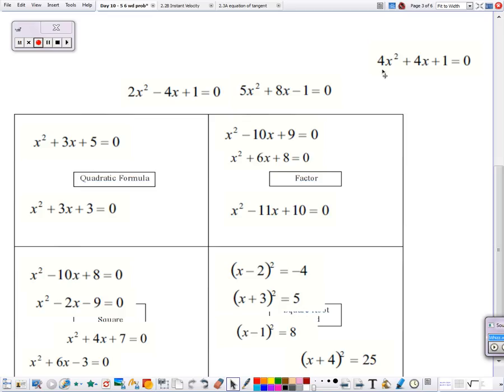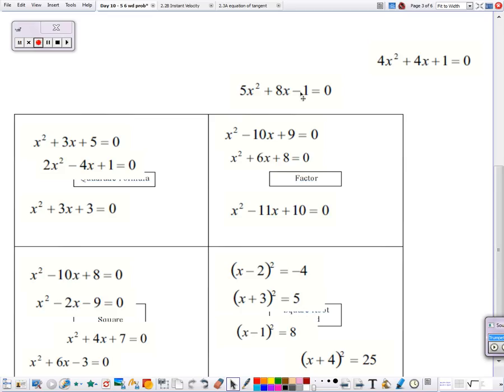Alright, now we're left with all the ones where a is not 1. I have 1 factoring one left and 2 for quadratic formula. So one of these I can split the middle on. If I try here, positive 2, does anything multiply to 2 that adds to negative 4? No, so that's quadratic formula.